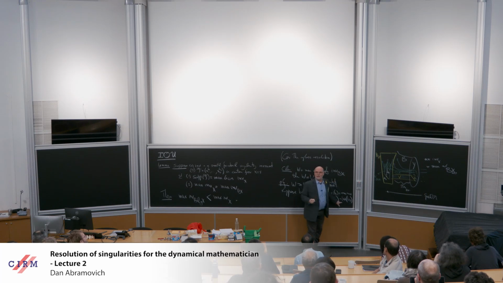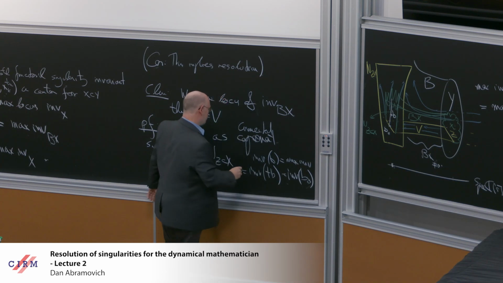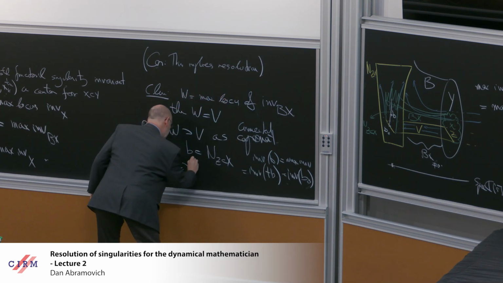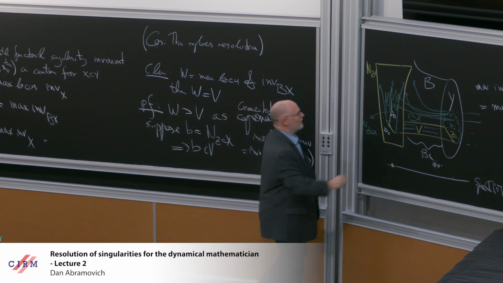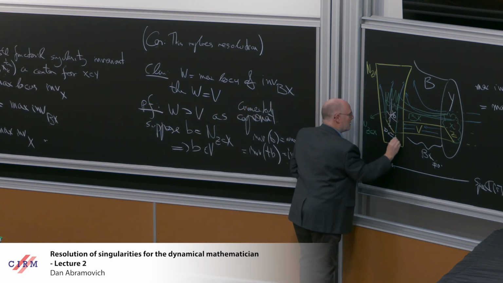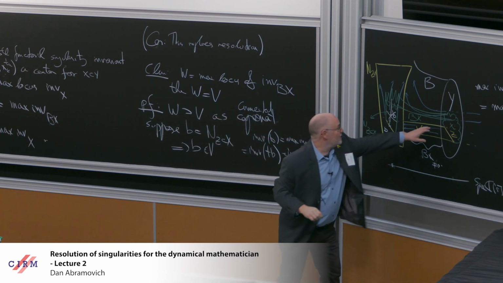And I just got a contradiction if B is not in V. So this means B is in V. So this is impossible. This is the only possible B. So the maximum locus of the invariant is V.